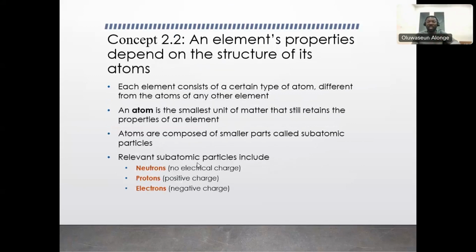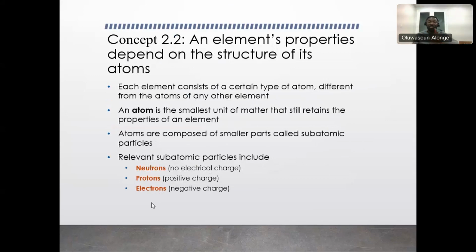Now, I told you that elements are made up of atoms, and so we'll be looking at what actually makes up an atom. Atoms are dominated by three subatomic particles. The first one is the neutron. Think of neutron as neutral, no charge.